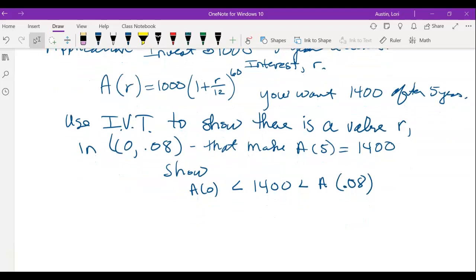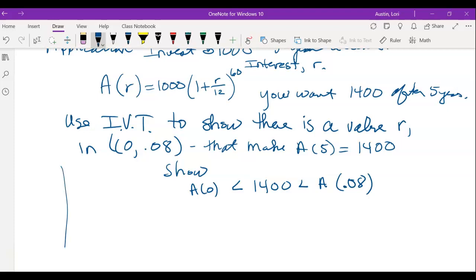So I just need to find a bank somewhere in there. And how would you do that? All you got to do is plug in the endpoints. You got to find those f of a's. A is 0, B is 0.08. Okay? You need to show first what f of A and what f of B are.